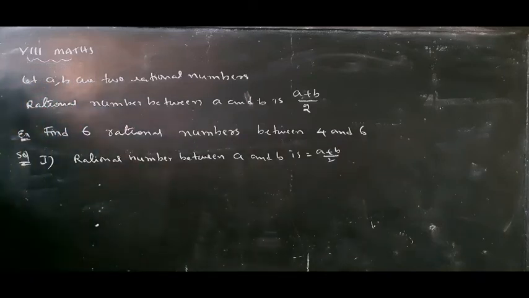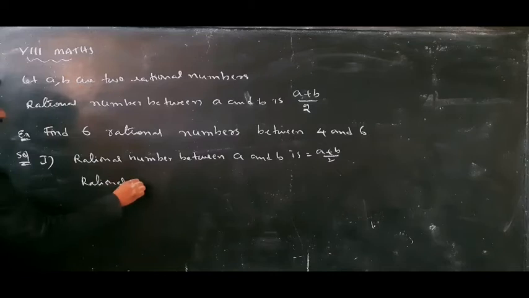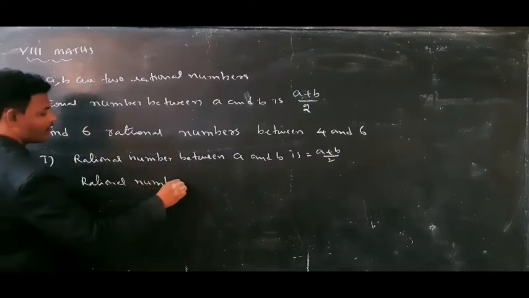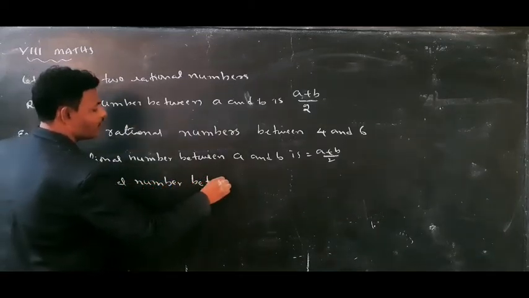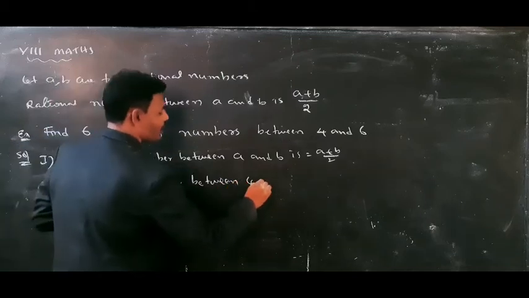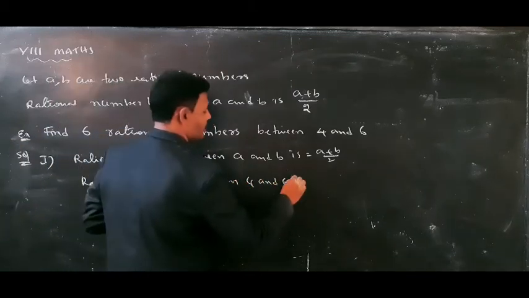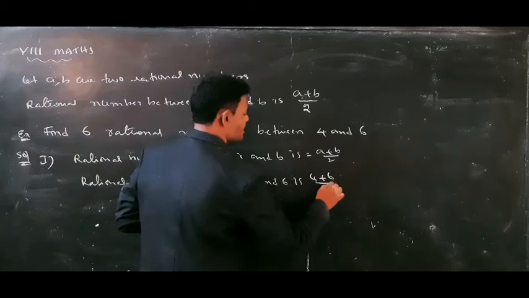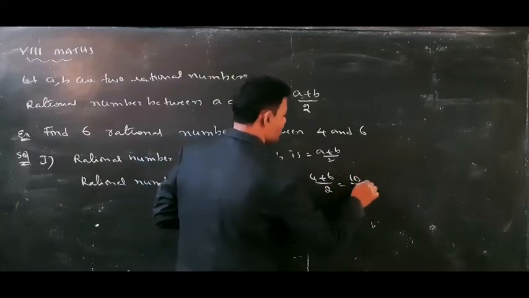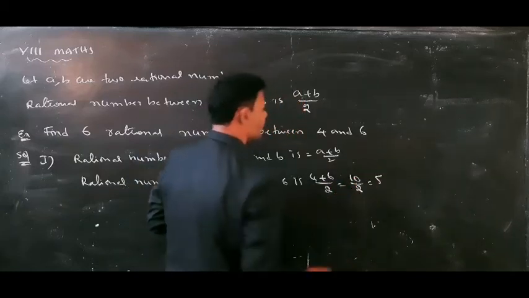So by using that concept, a rational number between 4 and 6 is (4 plus 6) by 2, which is equal to 10 by 2, which is equal to 5.